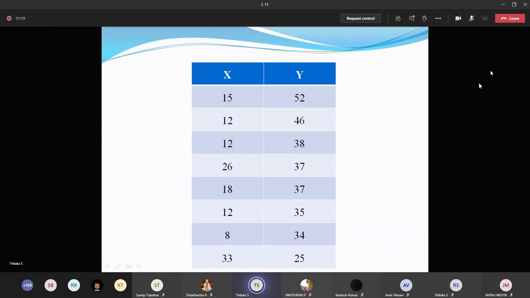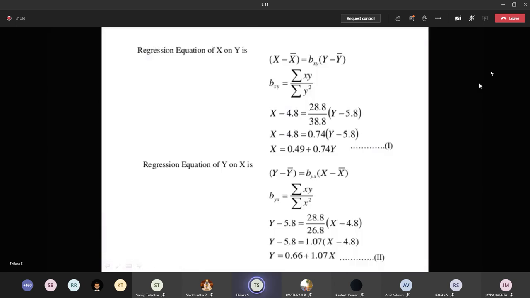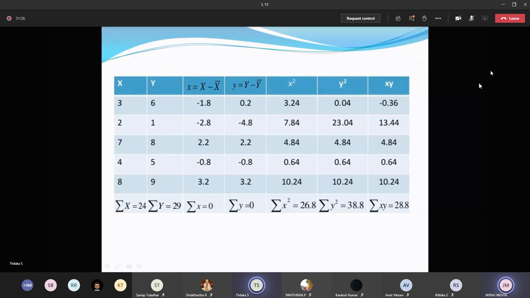Any one of you? Just explain the procedure, how to calculate it. It's in this slide. Just explain what to do.